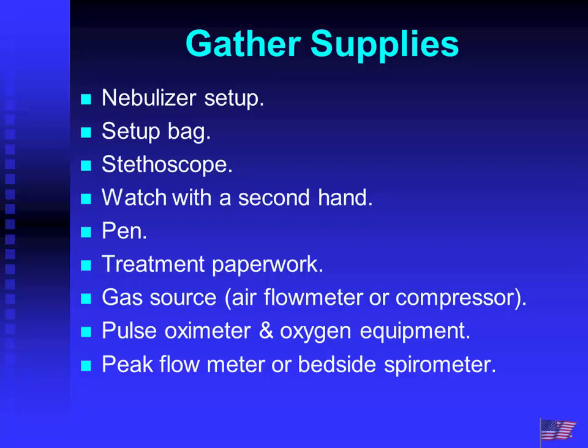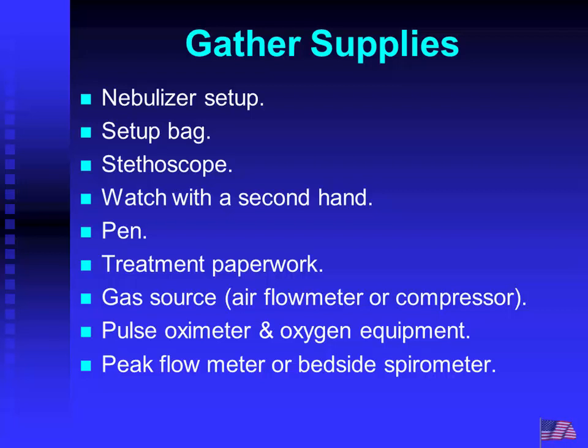Our supplies that we're going to need, well, we're going to need the nebulizer itself and its associated tubing and mouthpiece. We usually have a setup bag so we can leave it at the bedside, kind of like what you guys have in your cubbies. Always want to have the stuff that we're going to be needing: stethoscope, watch with a second hand to take a pulse and a respiratory rate, some sort of paperwork, although now again with the EMR it's prompted through the computer.